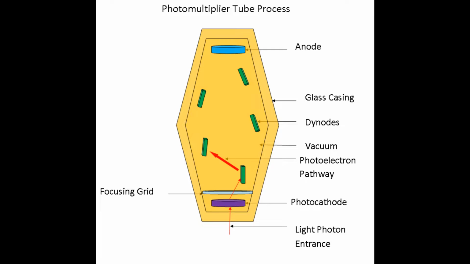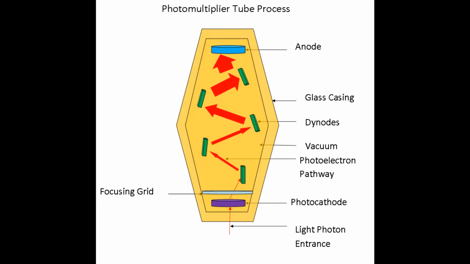The diodes are a positively charged voltage metal that attracts the photoelectron. As the photoelectron moves from diode to diode, the electron is multiplied until it reaches the anode. The amount of signal amplification is between 3 to 6 times the initial input for each photomultiplier tube.